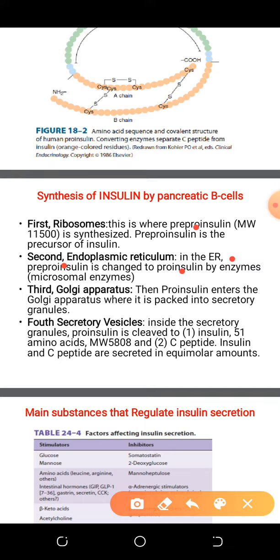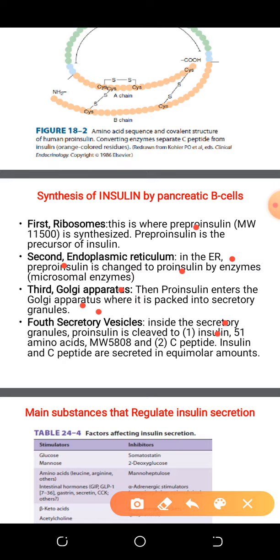And then from there, the proinsulin enters the Golgi apparatus, where it is packaged into the secretory granules. And then the fourth step, the secretory vesicles. Inside the secretory granules, proinsulin is cleaved into insulin, which is made up of 51 amino acids, and the C-peptide.